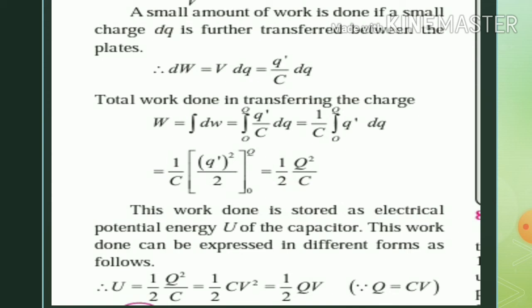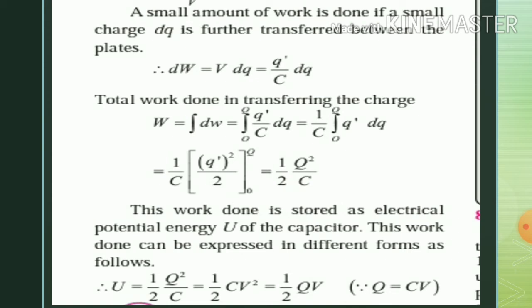Firstly, the upper limit is substituted in the variable term, that is q dash, and then subtract the substitution of the lower limit in the variable term q dash.